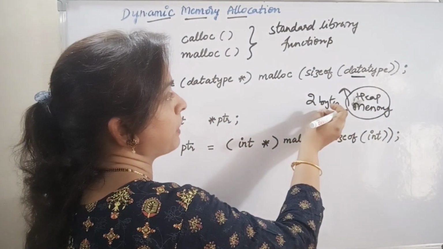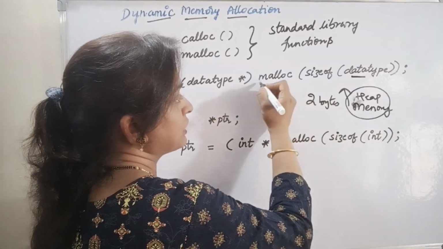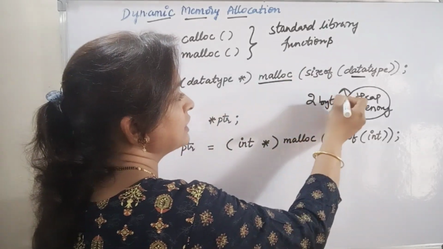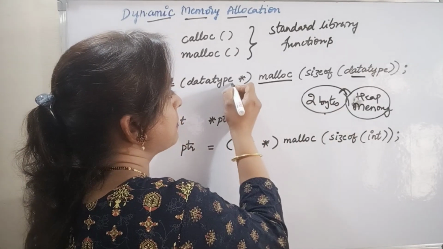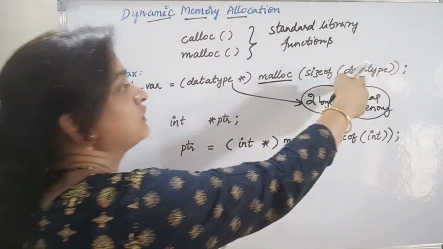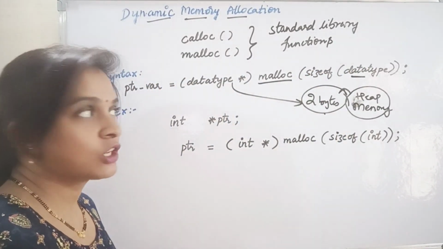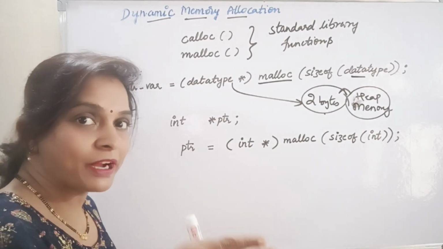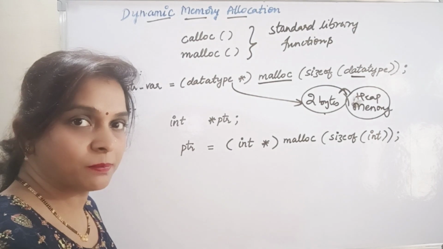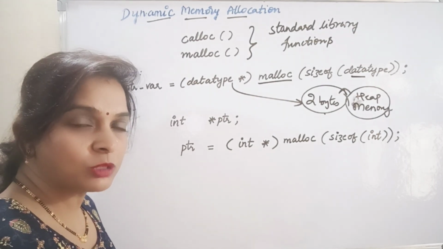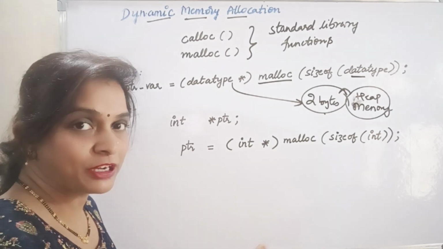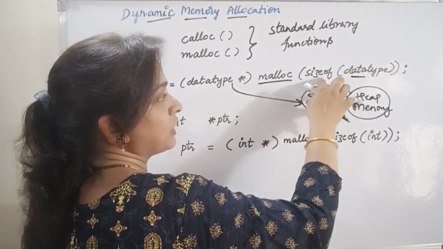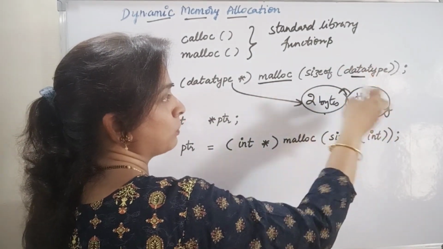So 2 bytes of memory is allocated with the help of the malloc function, and this 2 bytes of memory will be pointed to by a pointer of this type. If it is an integer, the pointer should point to 2 bytes of data or 4 bytes, depending on the machine. If it is a float, it has to point to 4 bytes of data. So the sizeof operator will give you the amount of memory to be fetched.